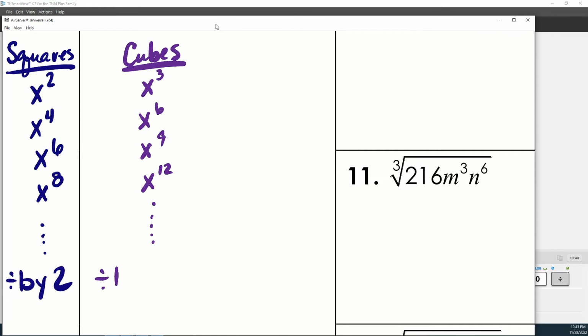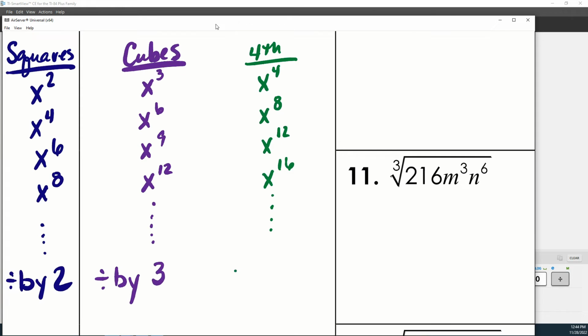What do you think you divide by to find the cube root of a variable? 3. And then perfect fourths is going to be multiples of 4. So x to the 4th, 8th, 12th, 16th. And then if I want to find the fourth root, I'm going to divide by 4.